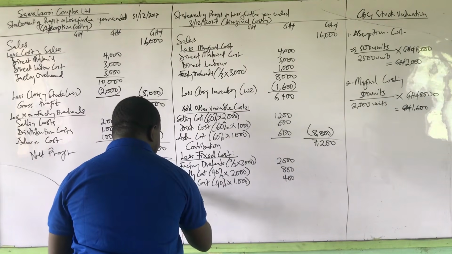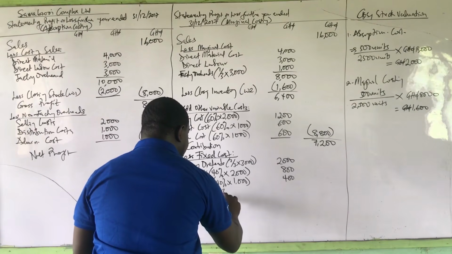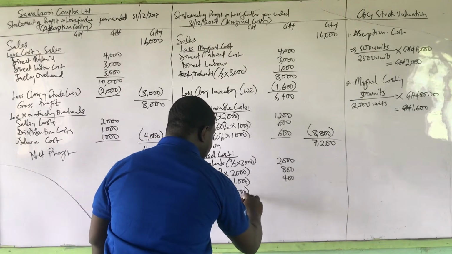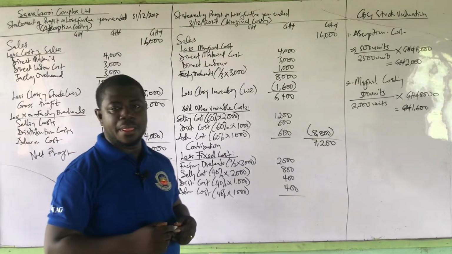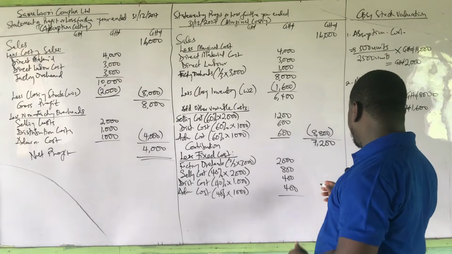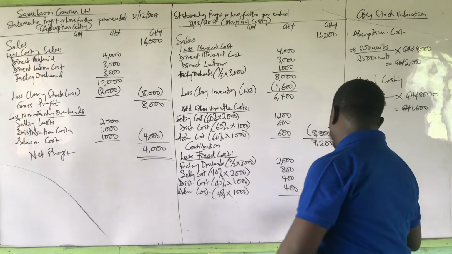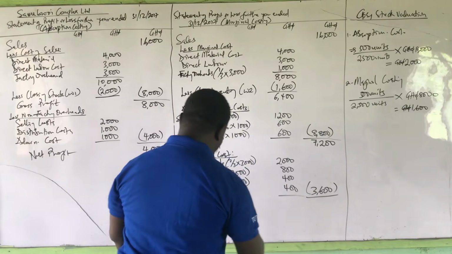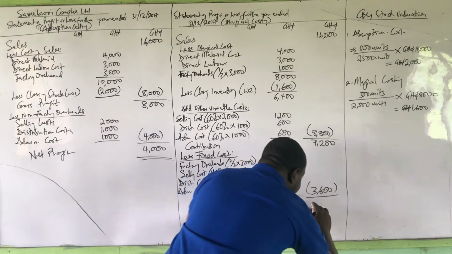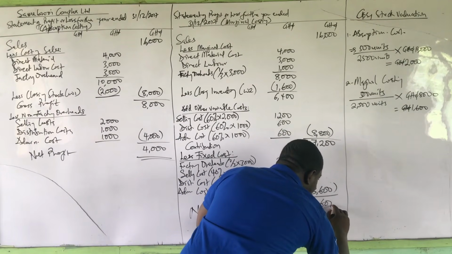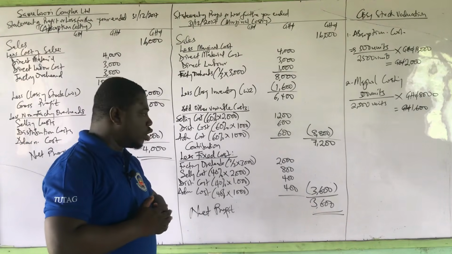And then finally, administration cost to be 40% of 1,000, giving us another 400. Then we can add them up. So when we add that, we have a total of 3,600 for the fixed cost. So we subtract 3,600 from 7,200, and then we have a net profit of 3,600 Ghana cedis for the marginal costing approach.